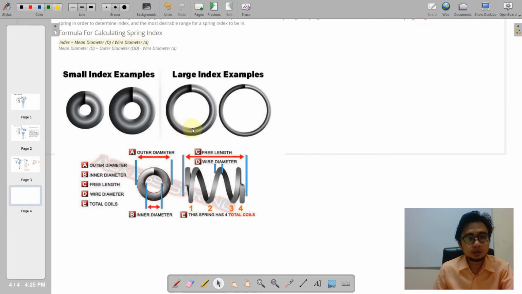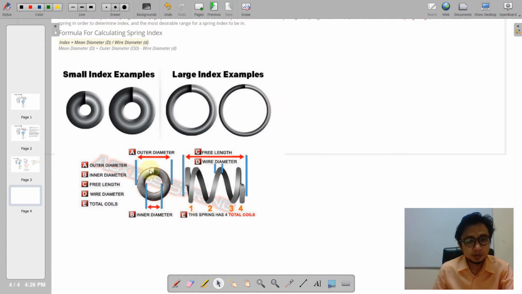So if we notice, as we go narrower in terms of the mean diameter, the wire should be thickened. Okay, so if we notice here a larger mean diameter, there is a smaller requirement in the spring wire diameter.